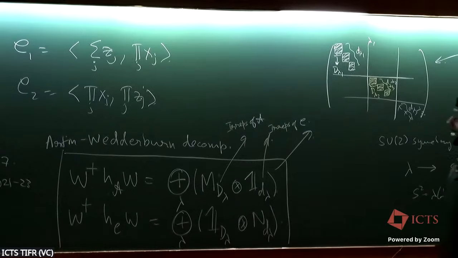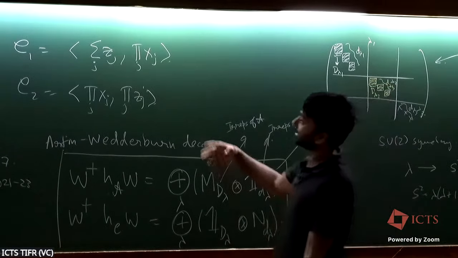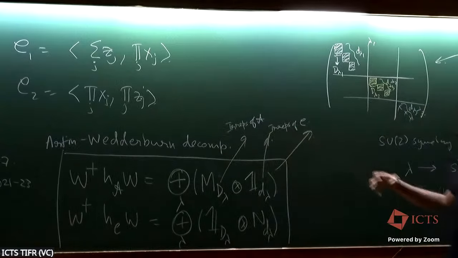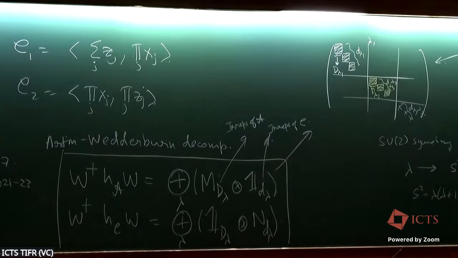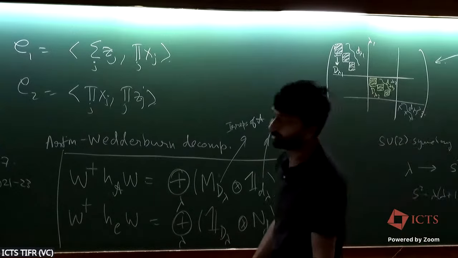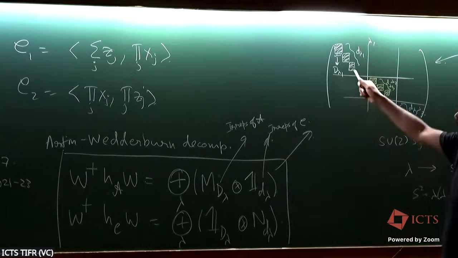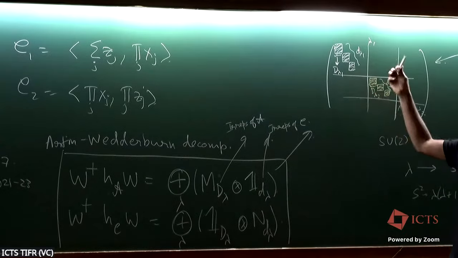Now you can ask how many operators there are in the commutant, right? So maybe I should get back to the motivation. What we were interested in, in the case of fragmentation, was to understand the sizes of these blocks and count the total number of blocks.